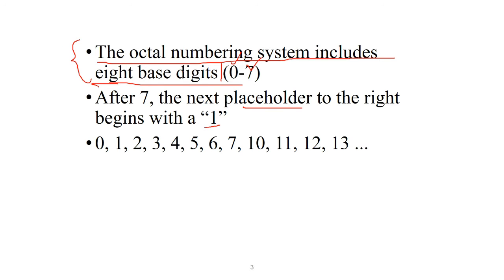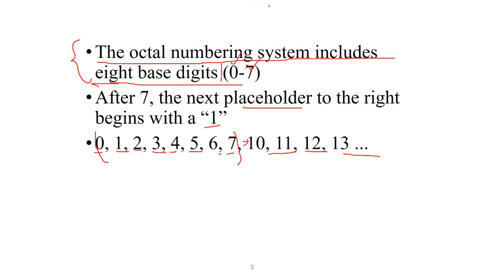What is meant by that? As you can see, it starts with 0, 1, 2, 3, 4, 5, 6, 7. But after 7 there is no number called 8. Right away we are writing down 10, then 11, 12, 13.